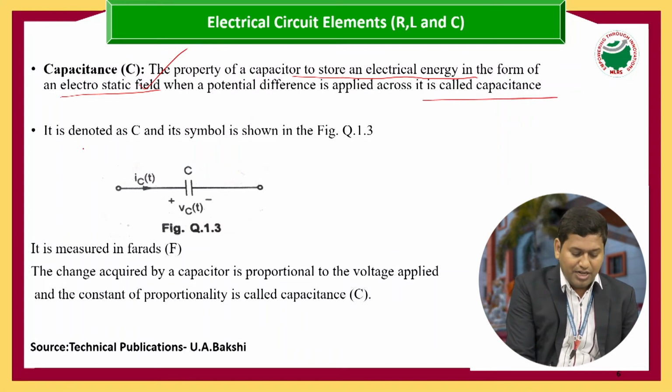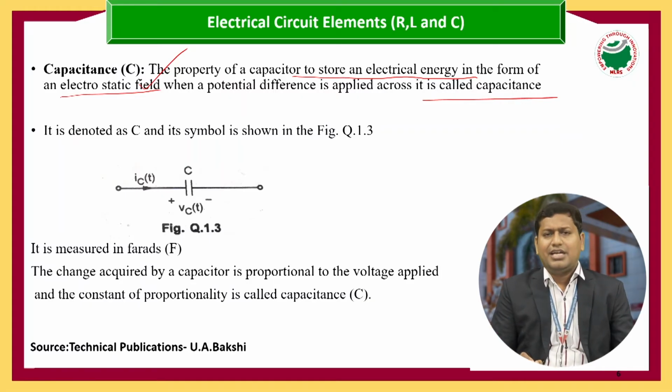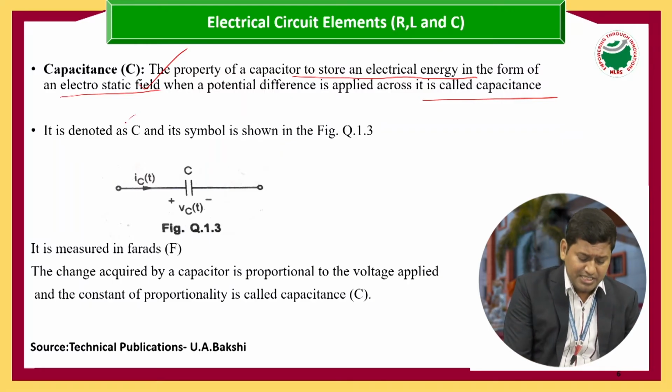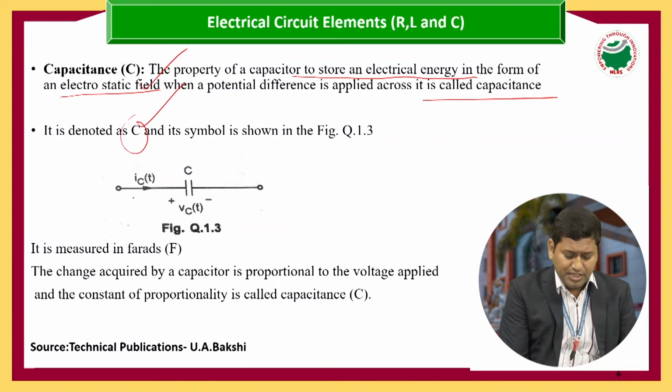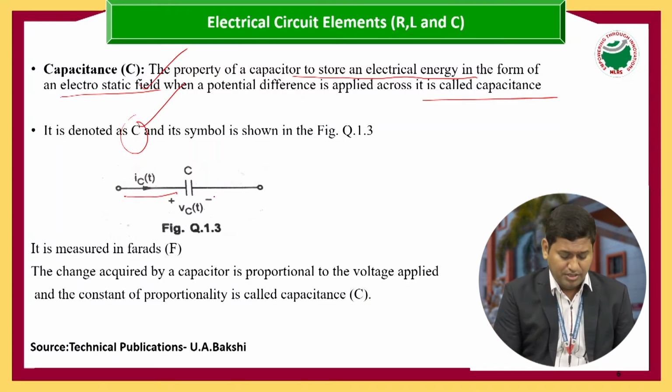As we know, resistance is denoted by R, inductor is denoted by L, and capacitor or capacitance is denoted by C. Here the current passes through this capacitor, and voltage is across this capacitor.